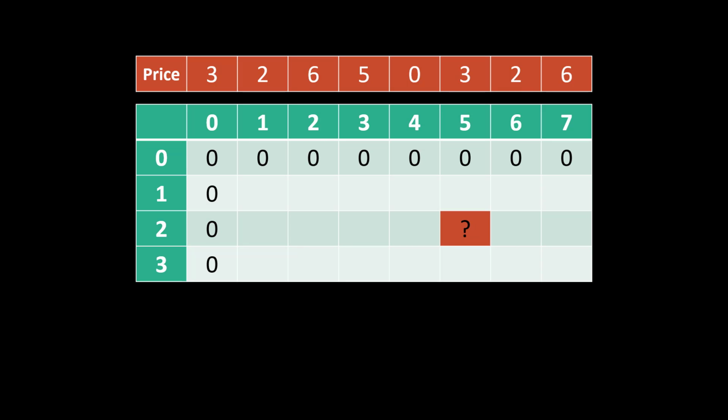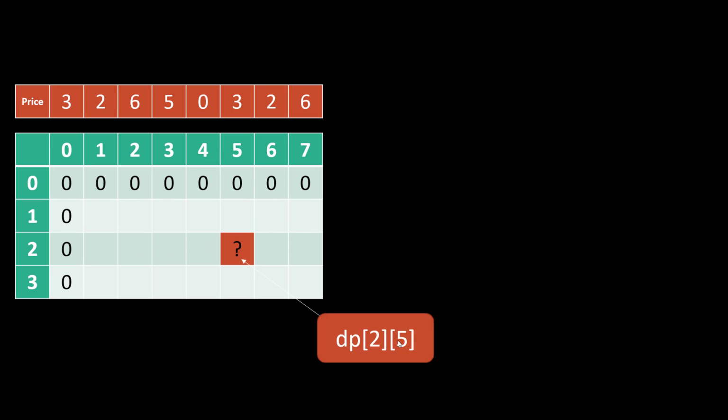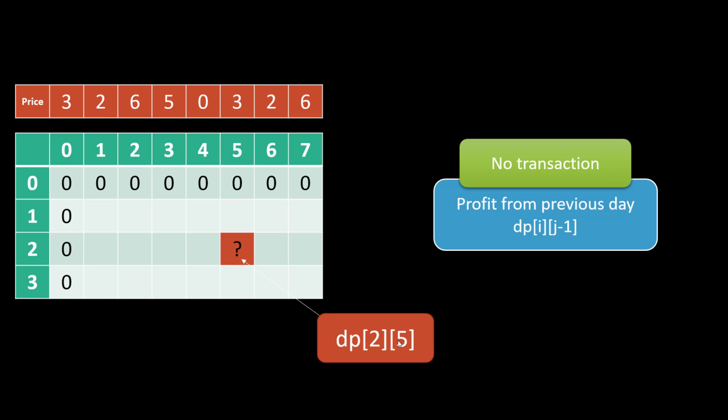Now, what does this cell represent? It represents that given I can make at most 2 transactions, what is the profit I can achieve till the 5th day, starting from day 0. That means this is DP[2][5]. And here what we can say is that either I can make a transaction on this day or not. Now what does not making a transaction mean? It means that I am considering the profit from the previous day because that could be the maximum profit I can achieve today.